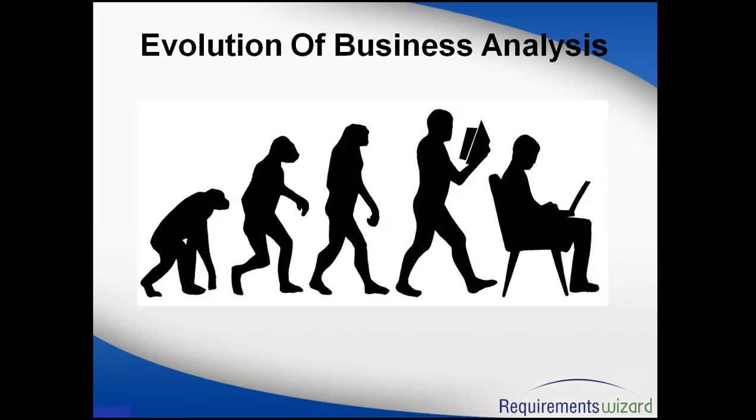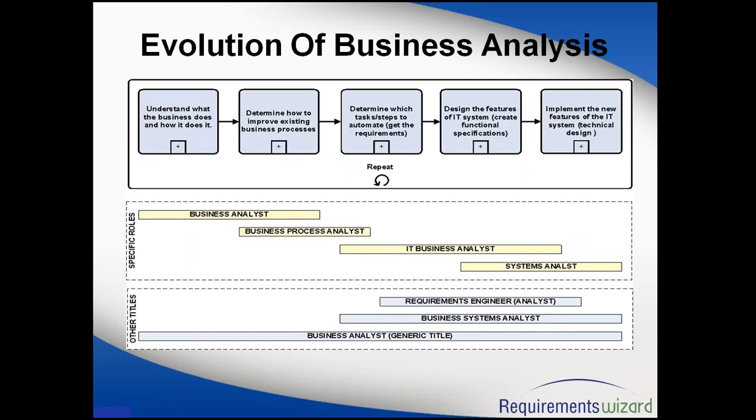So let's take a look at the evolution of the BA role. In the good old days, like 20, 25 years back, there was basically no role of a BA. Frankly speaking, the developer used to talk to the stakeholders. He or she used to do the requirements, design, develop, and test it, and move it to production.